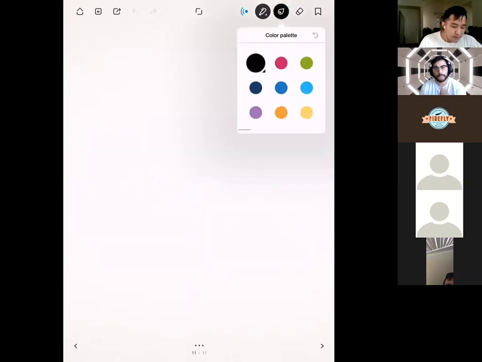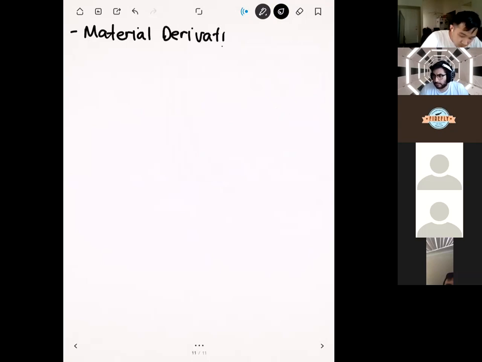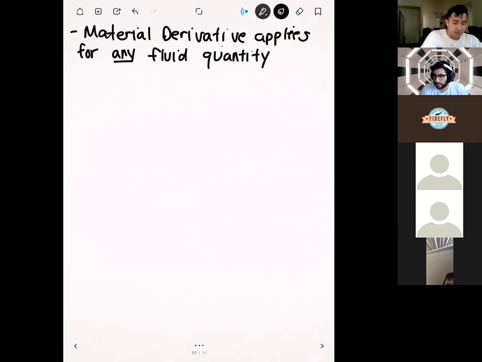All right, so we've motivated this idea of the material derivative by taking the derivative of velocity, but you can actually apply the material derivative for any other fluid quantity. And we'll actually see that as we go on from here.